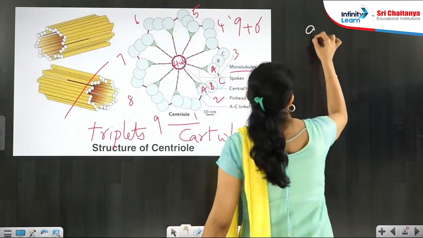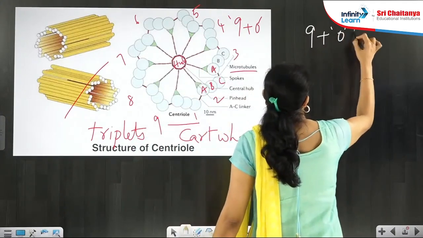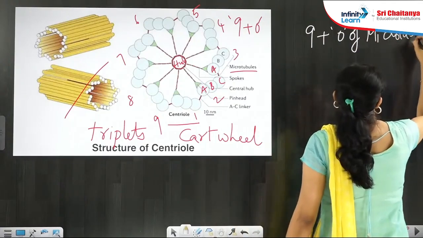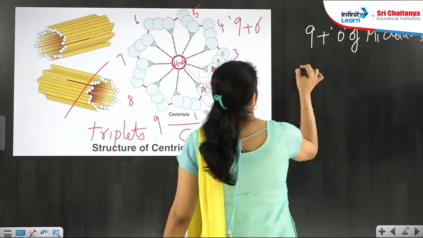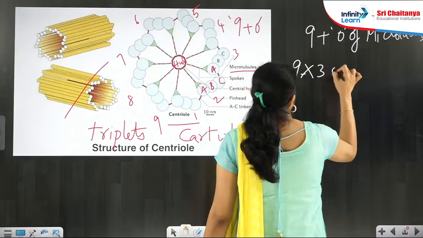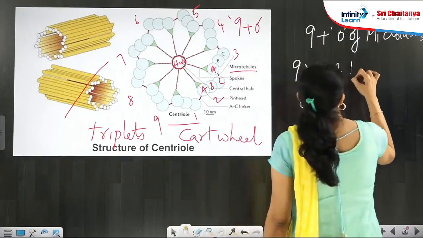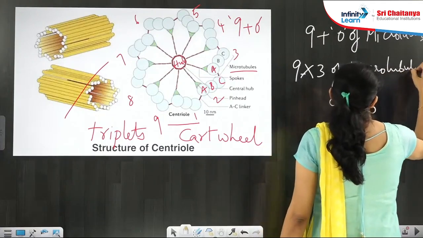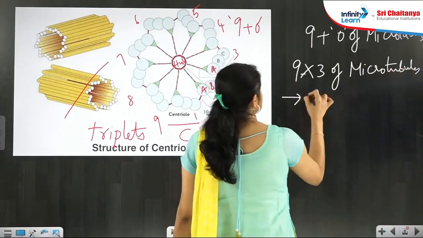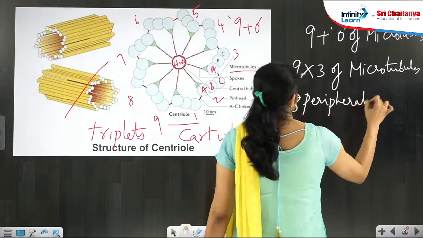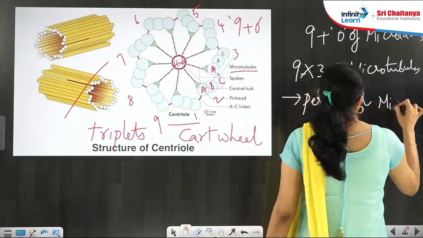So they are made up of a 9+0 arrangement of microtubules, where 9 triplets of microtubules are present, but they are present at the side, so they are called peripheral microfibrils or microtubules.